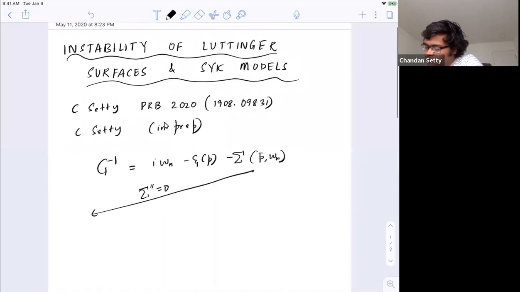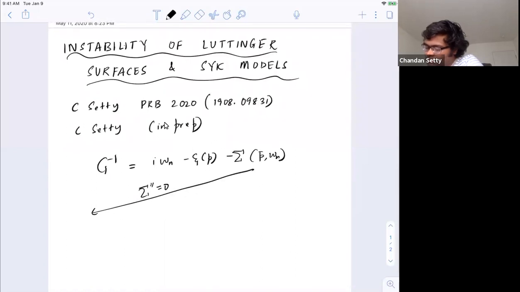In the case of free electrons, you have the imaginary part of the self energy to be zero, and as a result, you have a well-defined Fermi surface. Okay, so basically you've filled up all of these states inside with electrons.